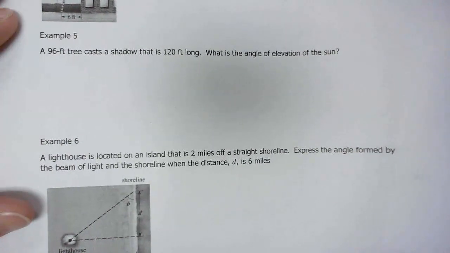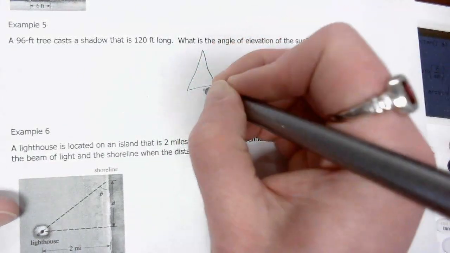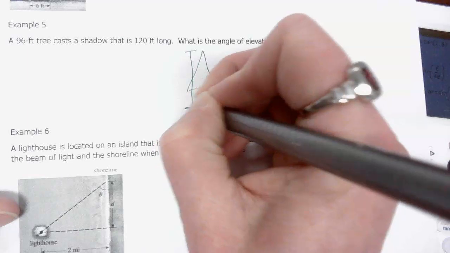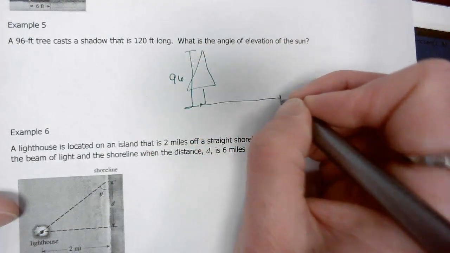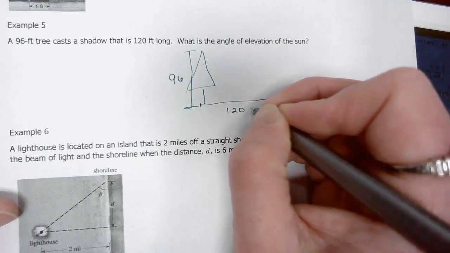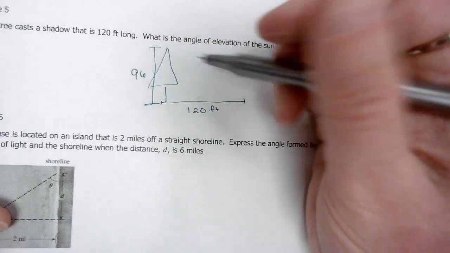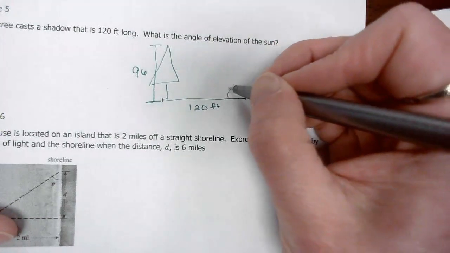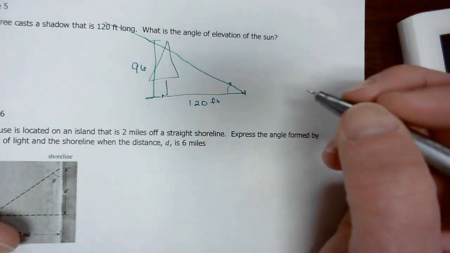A 96-foot tree. Tree is 96 feet. Casts a shadow that's 120 feet long. And we're trying to find the angle of elevation of the sun. So that's from horizontal looking up, elevation to the sun.